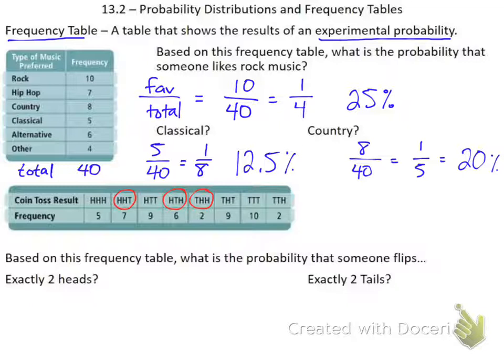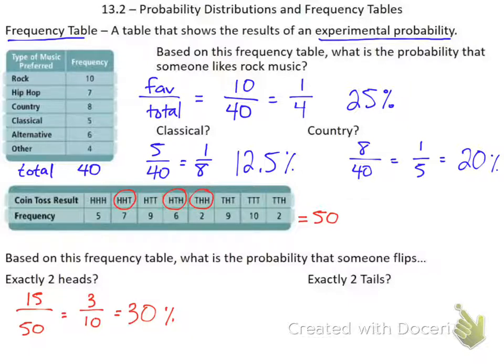If I flipped head, head, tail 7 times, head, tail, head 6 times, and tail, head, head 2 times, I know that there was a total of 15 times that I flipped exactly 2 heads, so I would write it as 15. The total here, if I add up all these, gives me 50, so the total number of trials that I had was 50. When I reduce that down, I get 3/10, which is 30%.